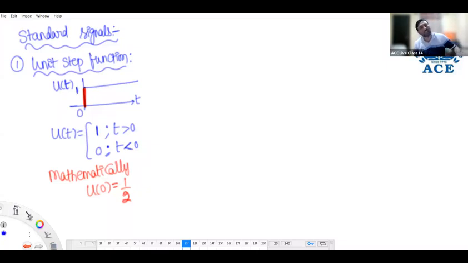Where can we observe this type of signal practically? An easy example: starting of any vehicle means indirectly you are applying a step function of certain amplitude. Before the start of the vehicle, it is in rest position, amplitude 0.